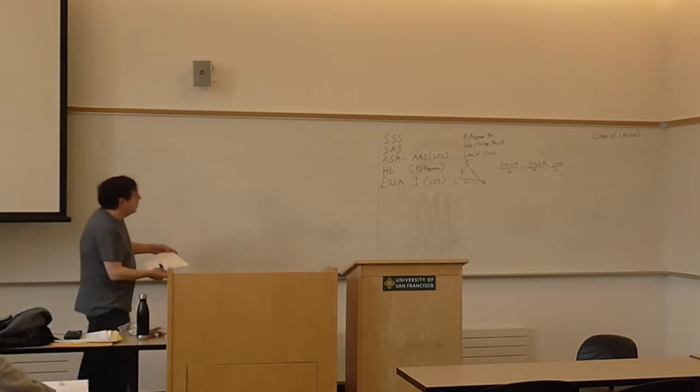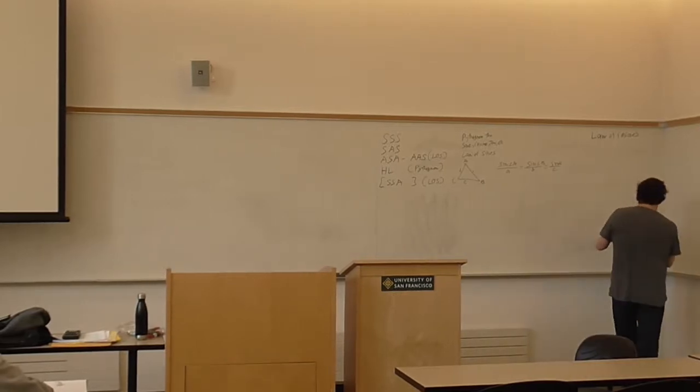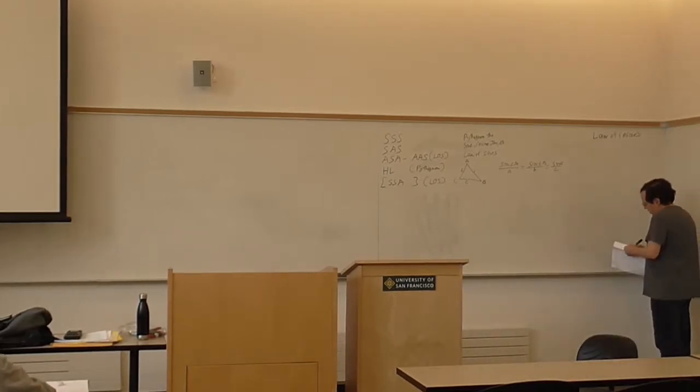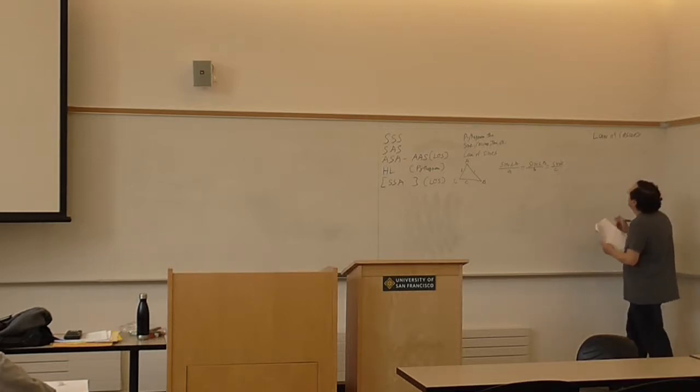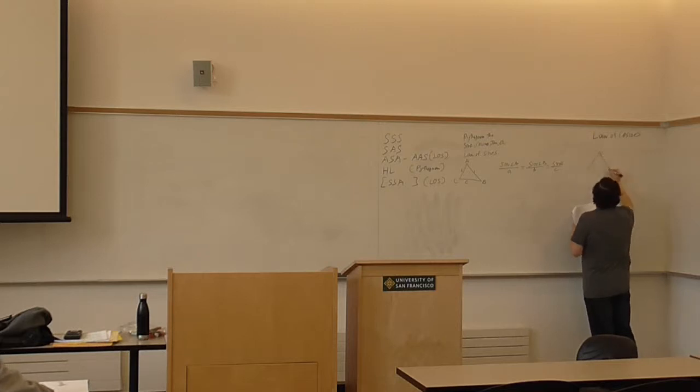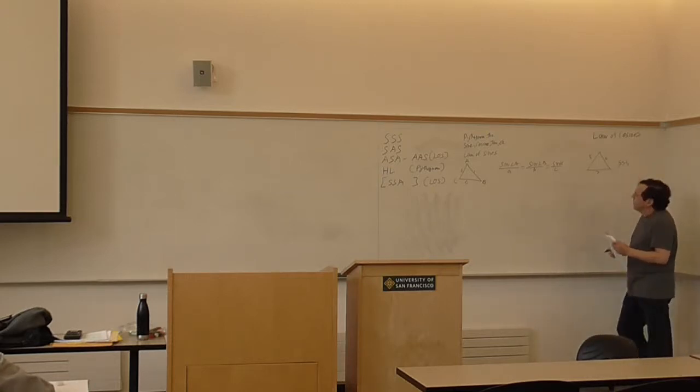Okay, so let me just put up 2 problems that we will get to. The first one is, what if we know three sides of a triangle? Let's say 5, 6, and 7. Okay, this is an SSS.